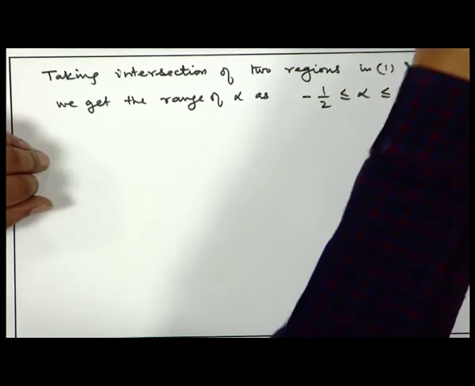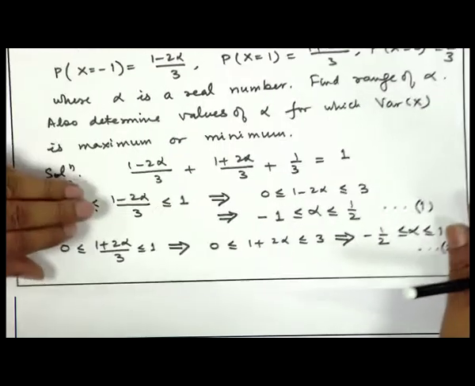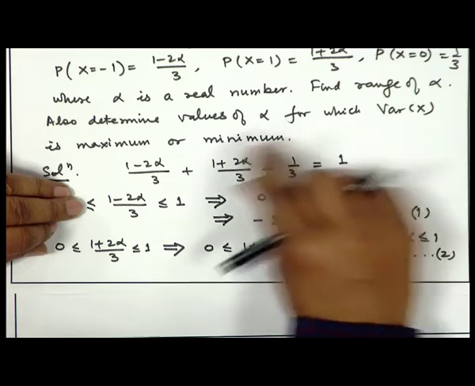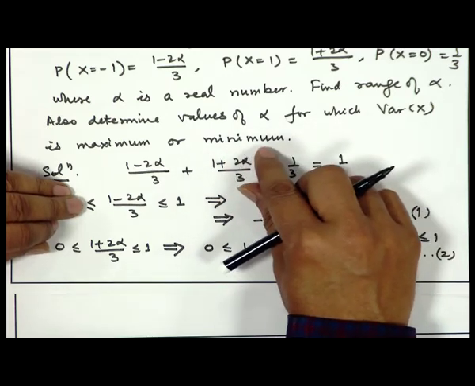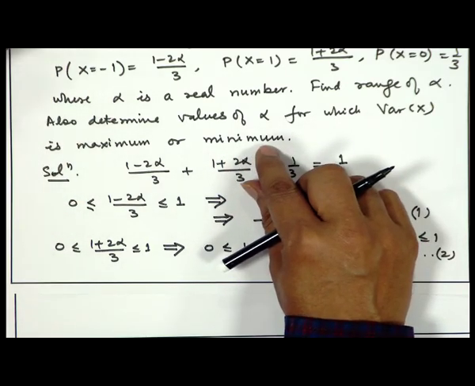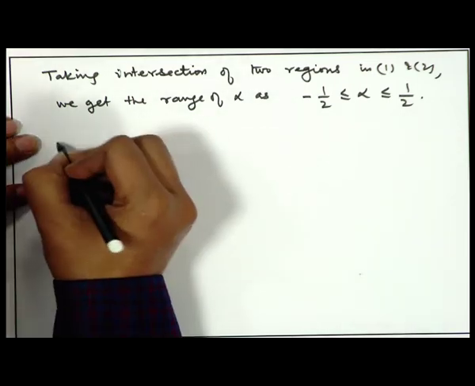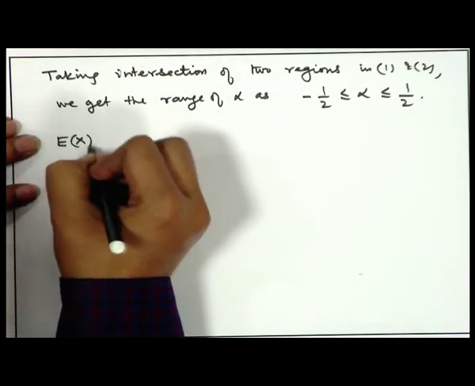Now, the second part of the problem is that we want to determine the values of alpha for which the variance of x is maximum or minimum. So, we calculate the variance. So, first of all, what is the expectation of x?